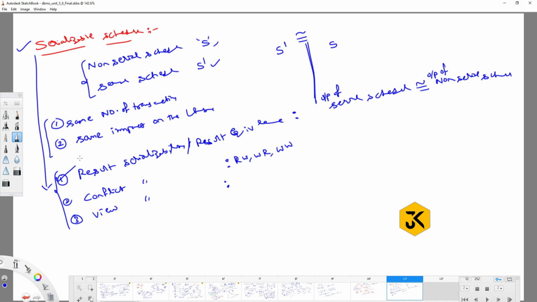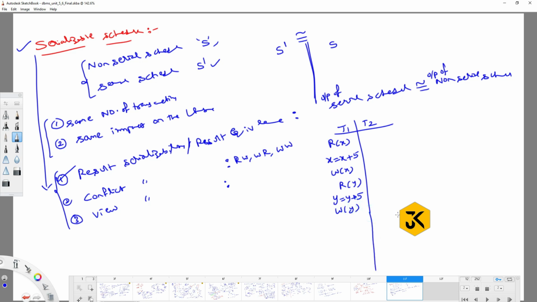Right? For example, if I take transaction T1 and transaction T2, here I first perform read of x, then x equals x plus 5, write of x, read of y, y equals y plus 5, write of y.